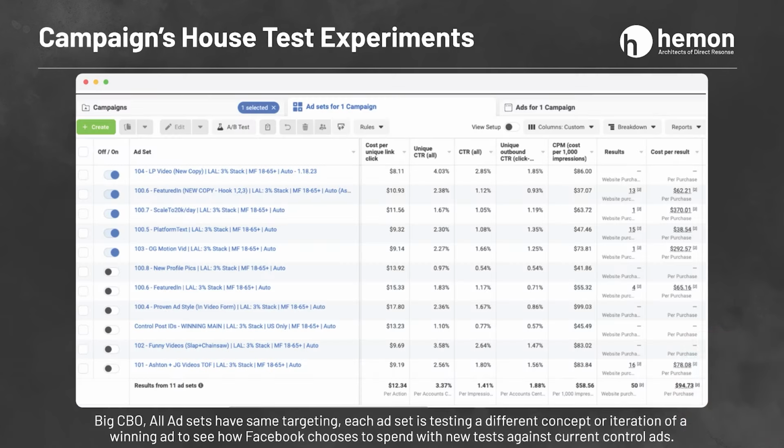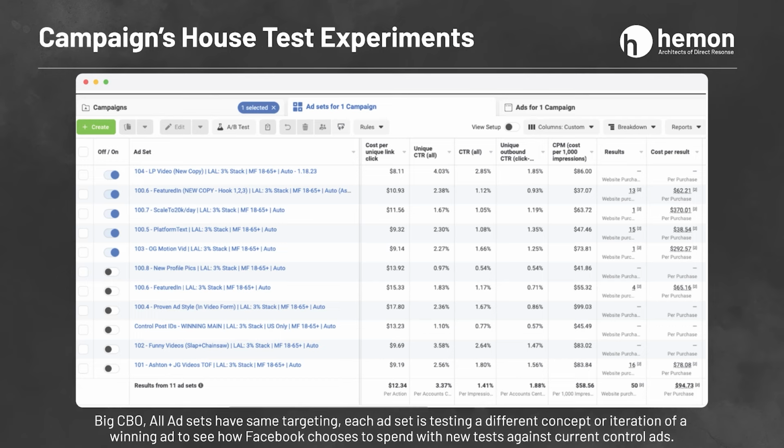So for example, this is similar to how our campaigns or accounts start to look, to where each campaign is essentially a housing test structure. Every campaign, for example inside of this campaign, every ad set you see actually has the same targeting because we figured out what works. We're not changing it. We're focusing entirely on angle, concept, and positioning of the creative.